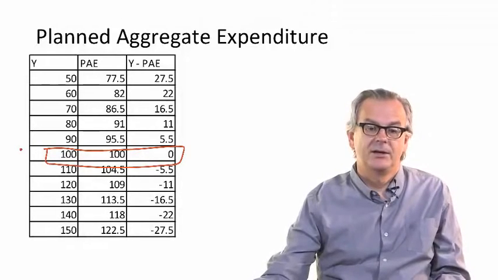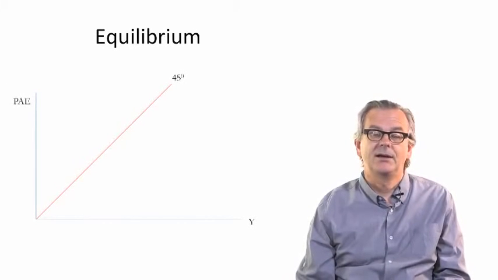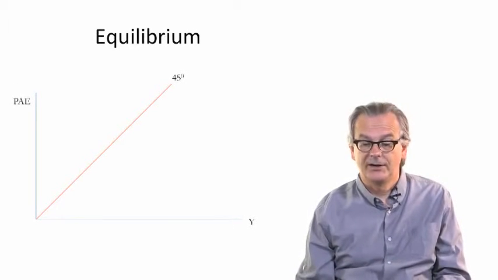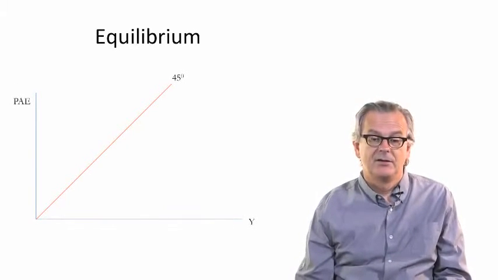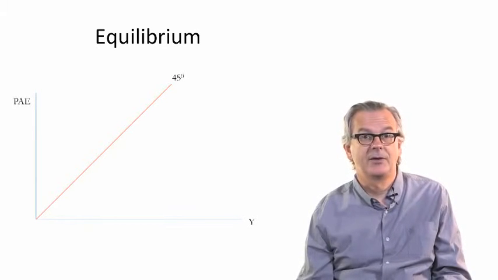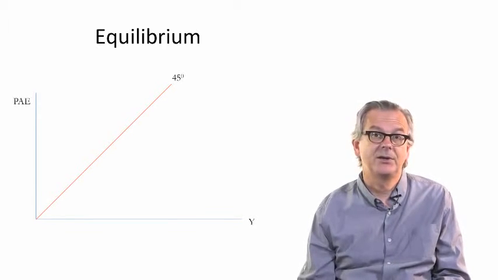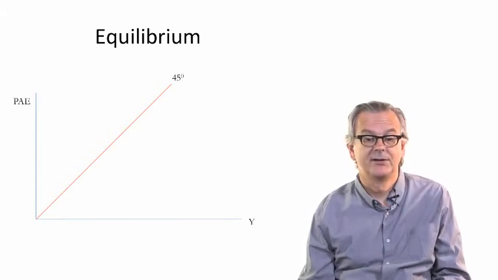It can be a bit cumbersome working with a table like this all the time. So what I want to do is take this information that we've collected about planned aggregate expenditure and illustrate it on a diagram. So the diagram we've already started to construct has planned aggregate expenditure measured on the vertical axis and the economy's GDP measured on the horizontal axis.